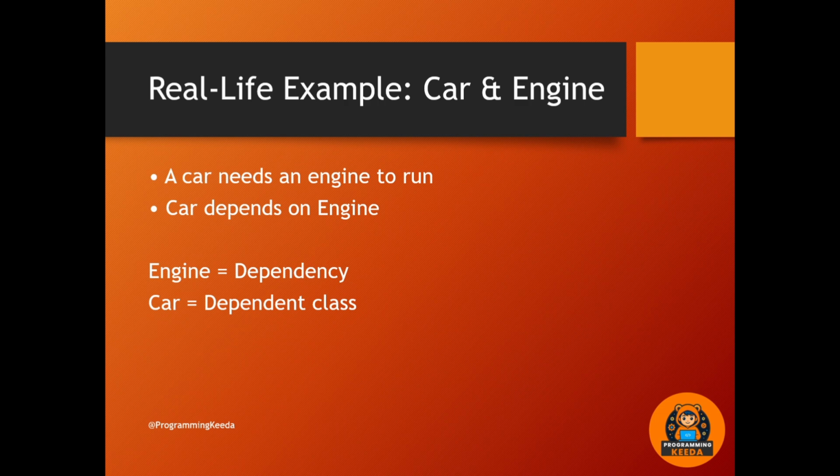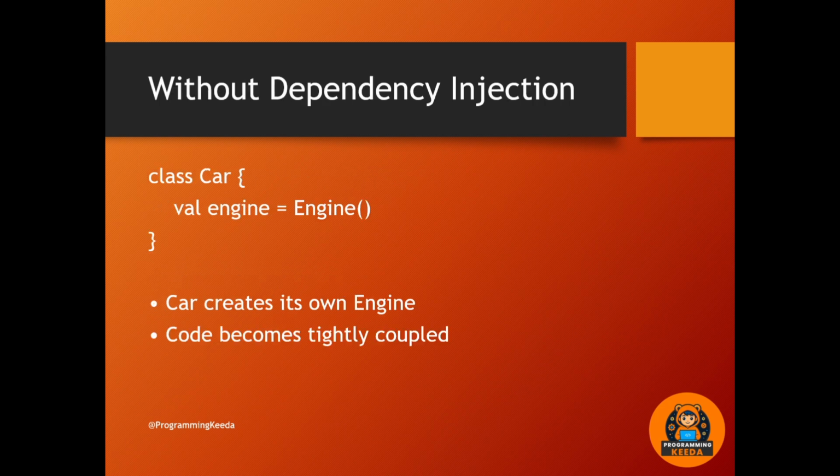Here, the car is the dependent class and the engine is the dependency. This example is commonly used because it is easy to understand and directly maps to real world Android scenarios. Just like a car should not worry about how an engine is manufactured, a class should not worry about how its dependencies are created.